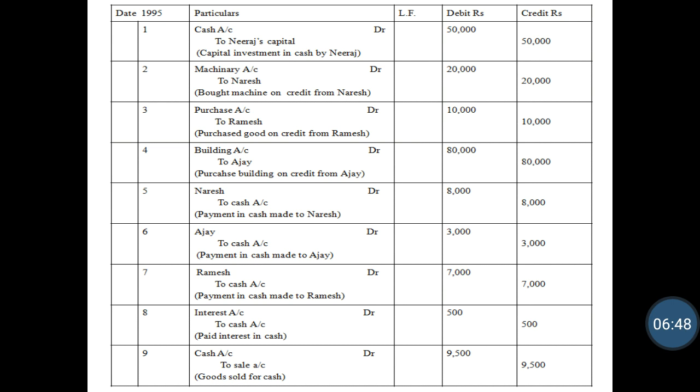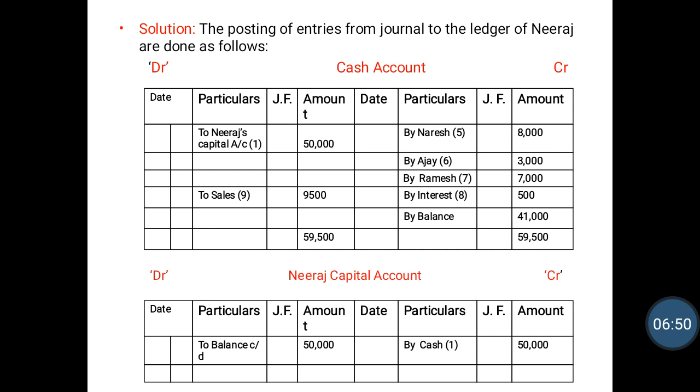For example, first we prepare the cash account. All the cash account entries which are located in the journal are posted in a separate cash account in the ledger as they are.